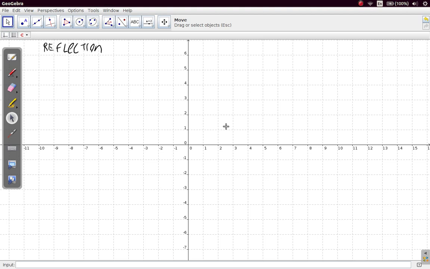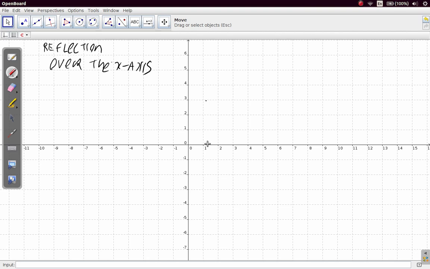What you're going to do is to look at various examples and look at the general case of a reflection. The first reflection we're going to look at is reflection over the x axis. So let's look at what happens when a point is reflected over the x axis.